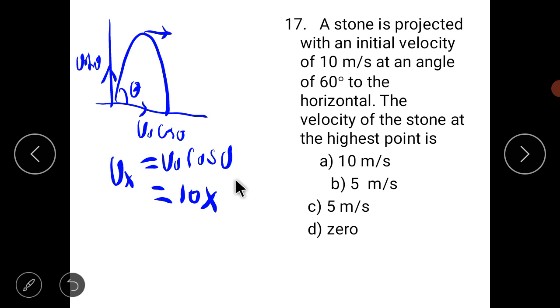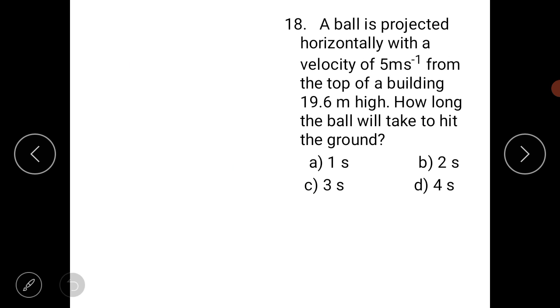Cos 60 value is 1 upon 2. 10 into 1 by 2 is 5. So therefore B is the correct option. The answer is 5 meter per second. Then go for the next question.